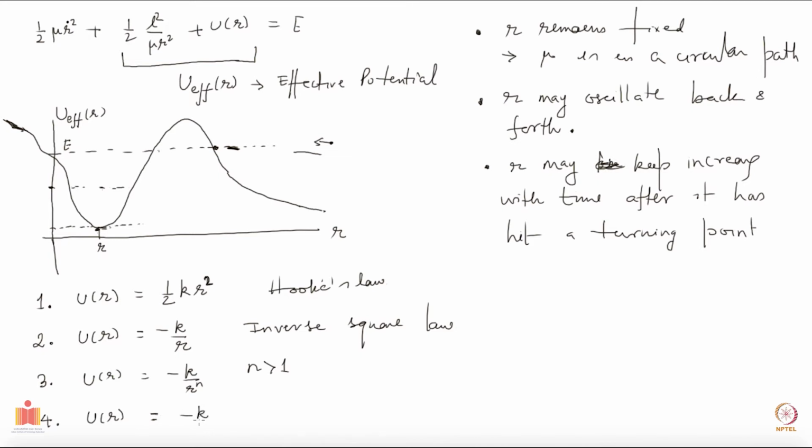So you can have a k over r, which is same as the inverse square law. But the inverse square law, you see, this force dies off very slowly, so it can be felt at very long distances. But let's say for some reason I want to have a force which for small distances is more like inverse square law, but as the distance increases, it dies off very fast.